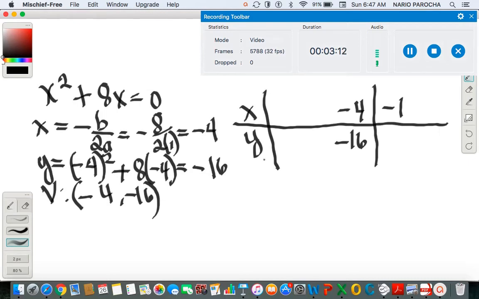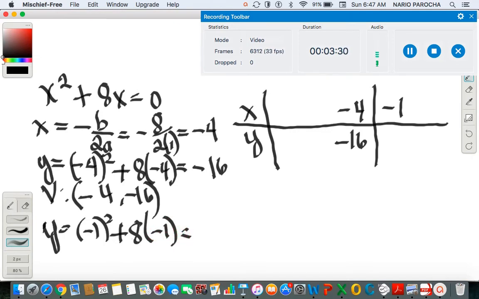I know it is going to go up. So when x is equal to negative 1, y is negative 1 squared plus 8 times negative 1. So this is 1, this is negative 8, y is negative 7.